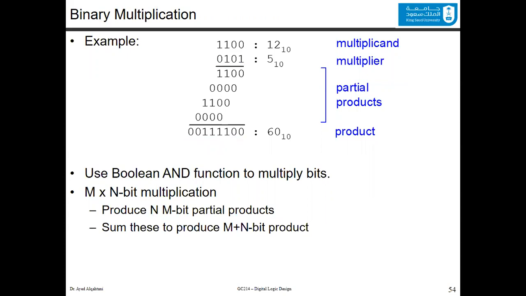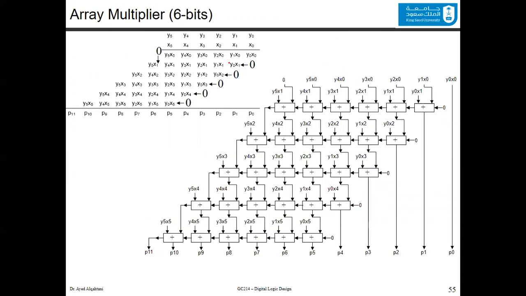Now, to implement binary multiplication, there are many methods. One of the simplest methods is a direct implementation of the partial products. This idea is called an array parallel multiplier, or simply an array multiplier.